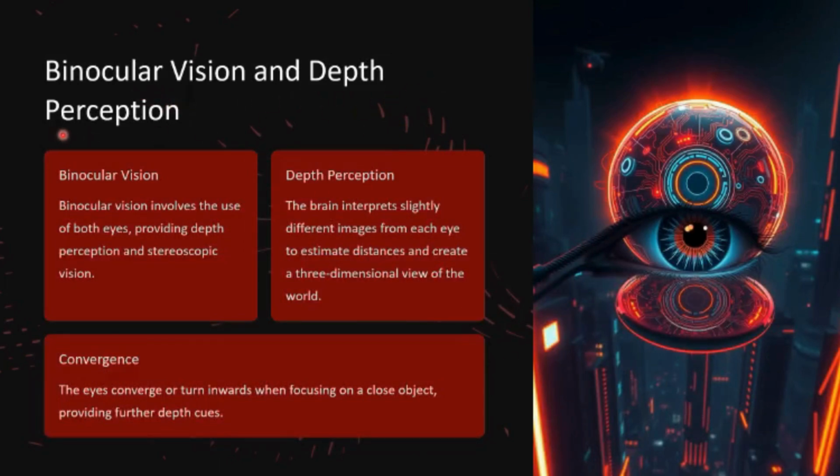Binocular vision and depth perception. So binocular vision refers to the ability of the brain to combine visual information from both eyes to create a single cohesive image. So it's the ability of the brain to combine the visual information received from both eyes to create a single cohesive image.